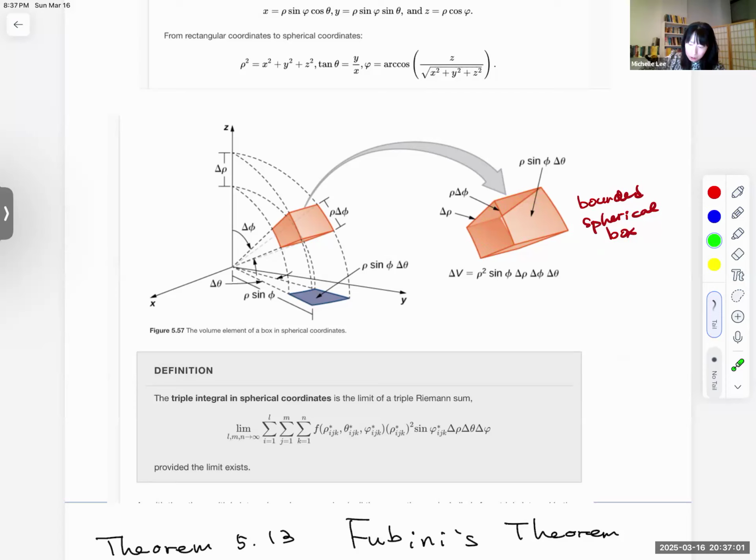So for the volume, they're using change in rho, and rho times change in phi, and then rho sine phi times the difference in the angle theta, okay? So this is the volume for a spherical bounded box.